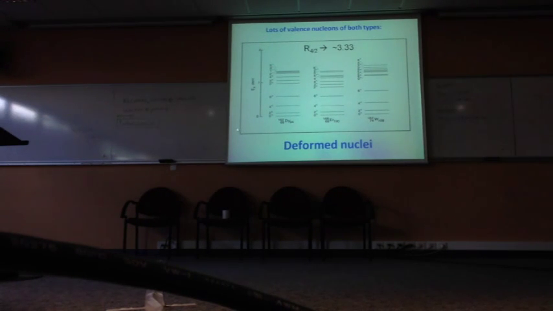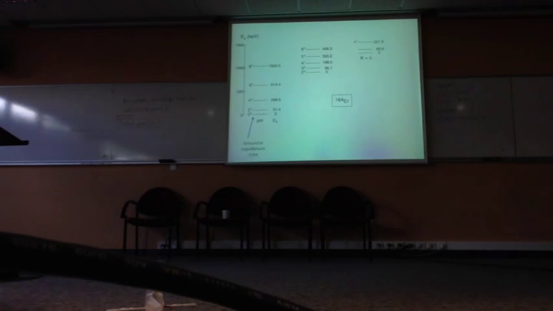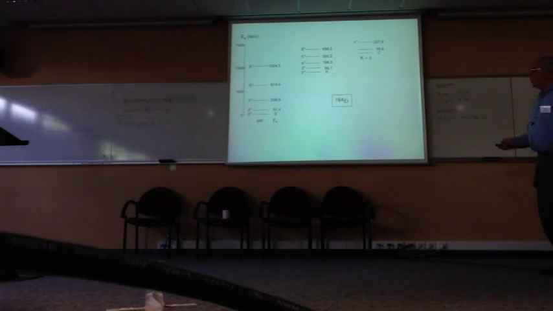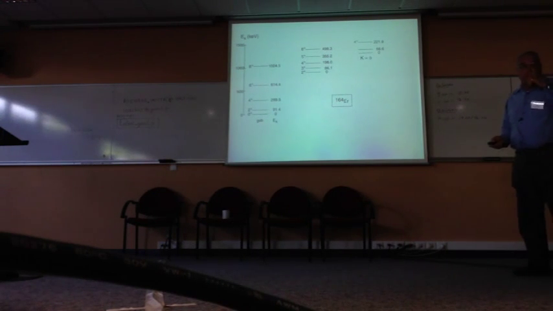Okay, so back here, I gave some illustrations of nuclei that have R42 close to 3.33, and I called them deformed nuclei. Now I want to look in a little more detail at what the level scheme of a deformed nucleus looks like. So this is erbium-164, which is completely typical. And you'll see this figure later when I discuss the models for deformed nuclei in greater detail. But for now, just a few things. You have a ground state, okay?